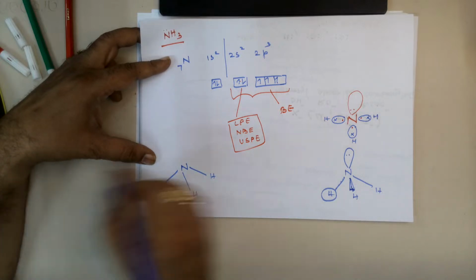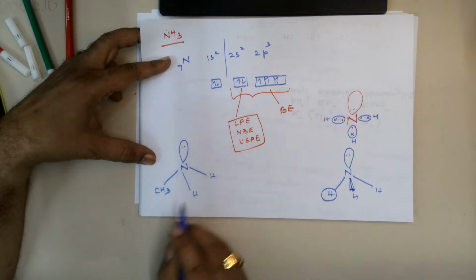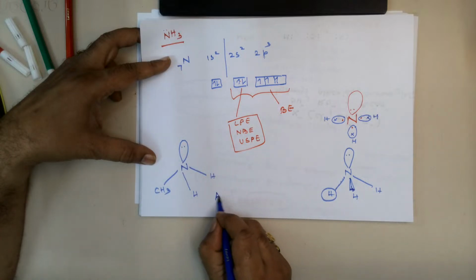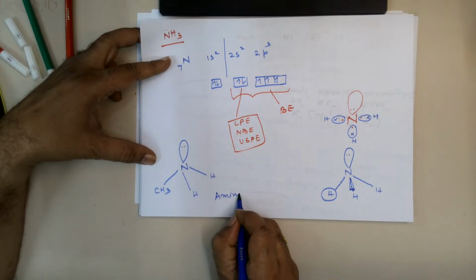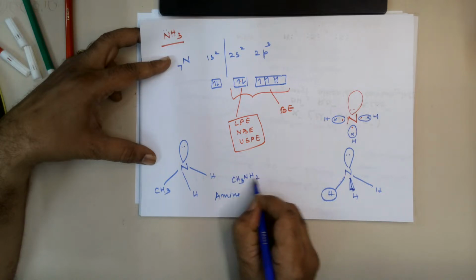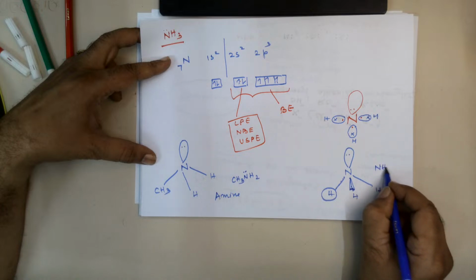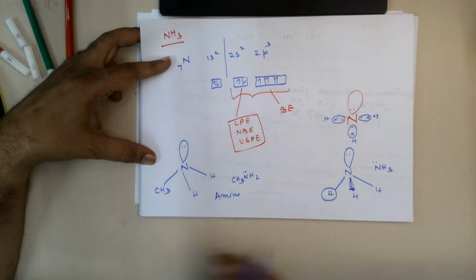And there is still a lone pair of electrons. So this is an amine, and this can be simply represented as CH3NH2, and there is a lone pair. And this one is ammonia, NH3, with a lone pair.